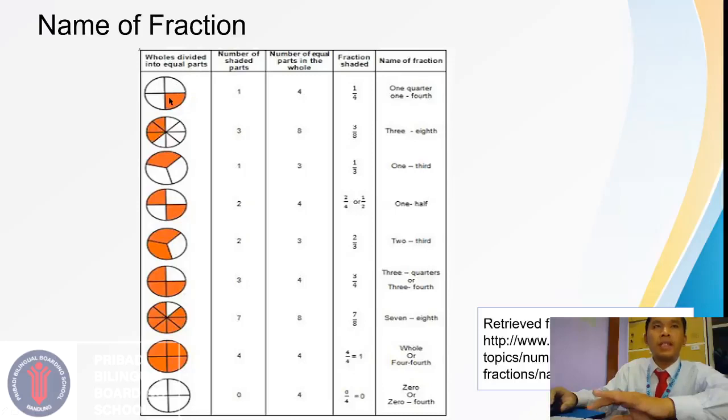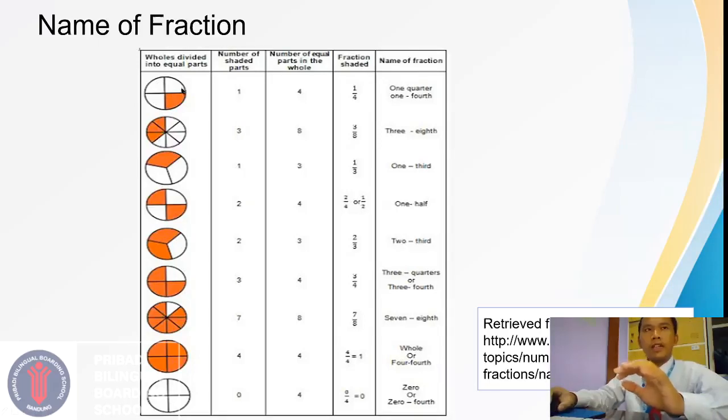Each part is marked as shaded. The second column is the number of shaded parts. Shaded means the colored part. The third column is the number of equal parts in the whole, the total number of parts, 1, 2, 3, 4. Then the fraction shaded, and the last column is the name of the fraction.